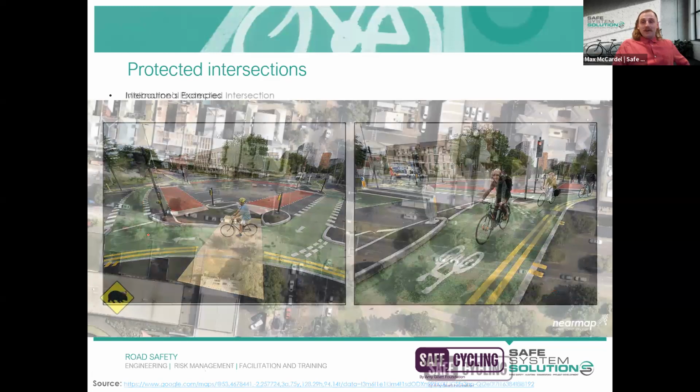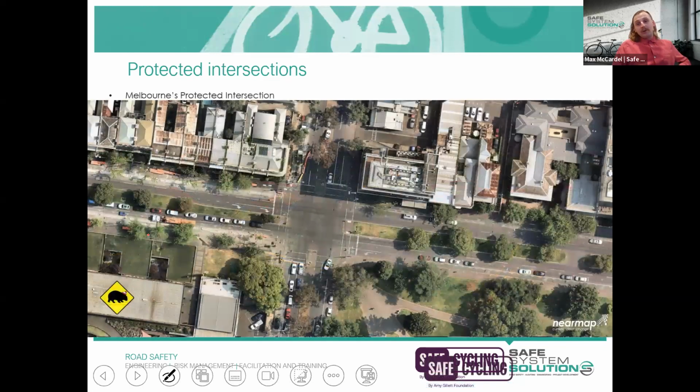We'll have a look now at something a bit more local, a Melbourne protected intersection. This is what the intersection looked like prior to the intervention. The leg I'll be focusing on is the southeast quadrant, so the bottom right-hand side here. Bit difficult to see in this zoomed out state, but there is a protected bicycle lane.